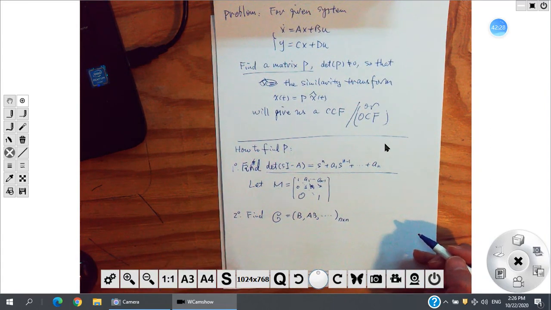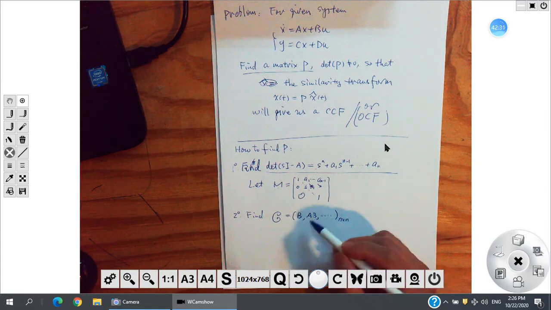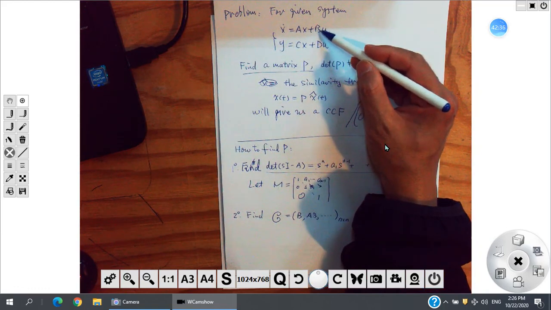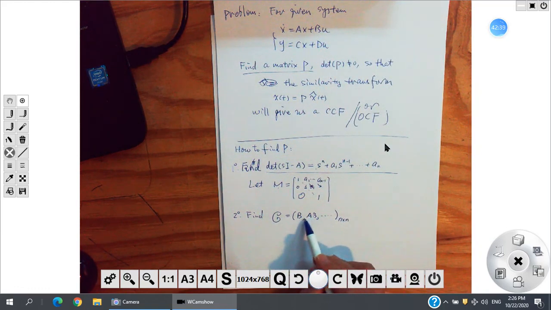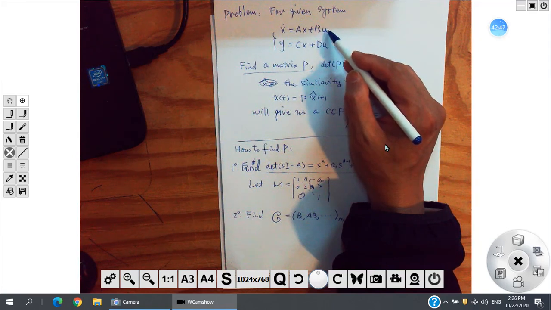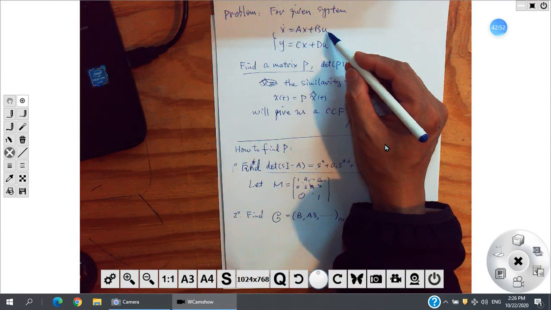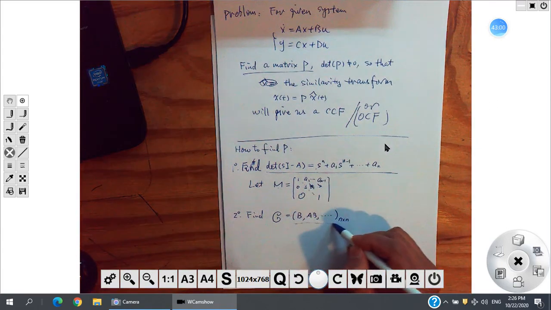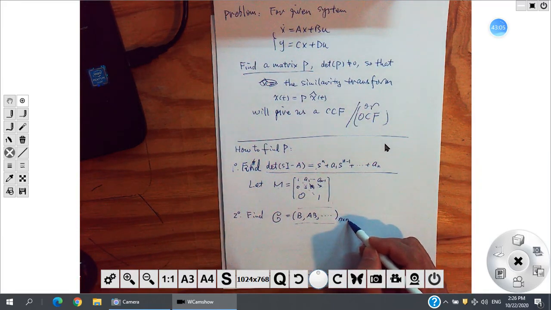Actually it depends on the size of B. If B is just one column, then you need n columns to make it n by n. But maybe B has more columns, like 2 or 3 columns. That is the case when u is also a vector, meaning you have multiple inputs. It also works. You do this calculation, and finally you pick the first n rows to make an n by n matrix.